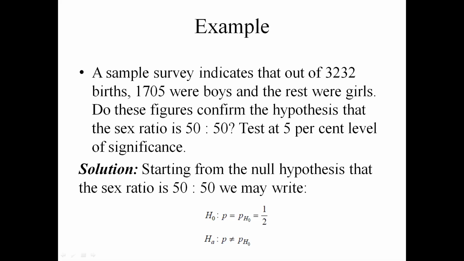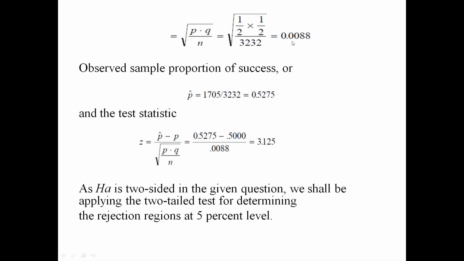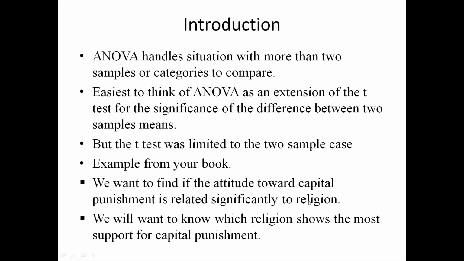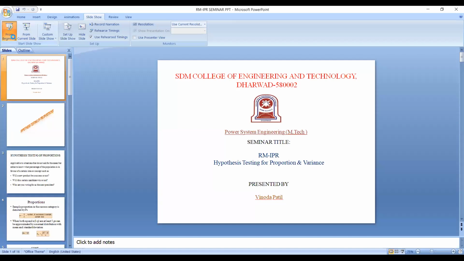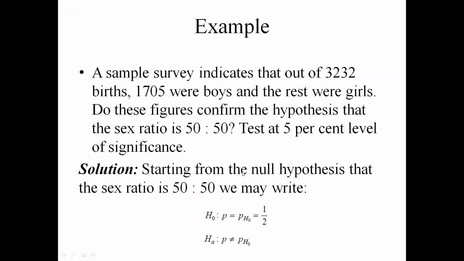Solution. Starting from the null hypothesis that the sex ratio is 50 to 50, we may write H naught: P equal to P of H naught equal to 1 by 2, because of 50, and HA: P is not equal to P of H naught.